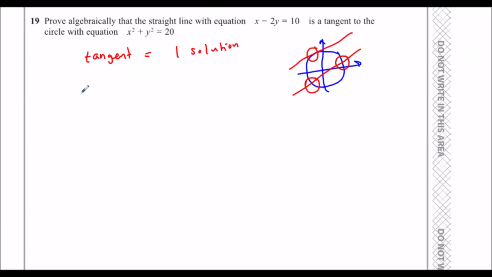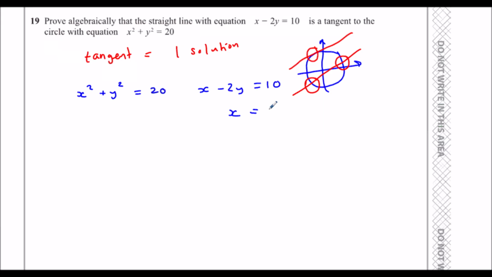So we've got x squared plus y squared equals 20 and x minus 2y equals 10. So I'm going to rearrange our linear equation to make it either x equals or y equals, and then substitute it in. So I'm going to plus 2y to both sides.